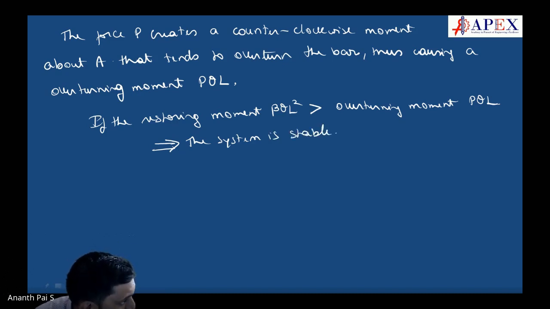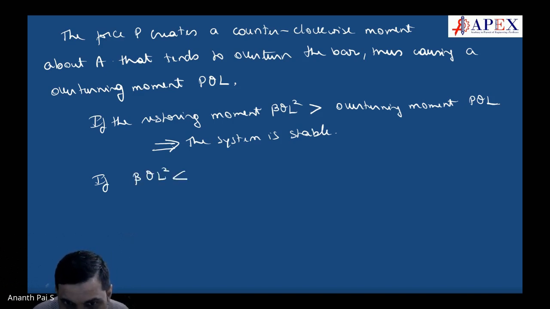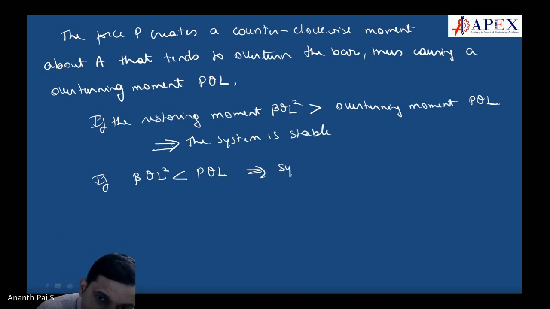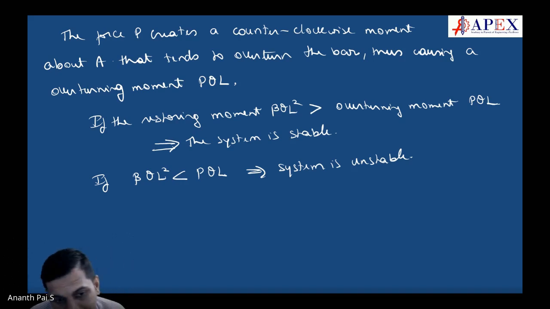It's not buckling, right? Now, if beta theta L square is less than P theta L, then the system is unstable.